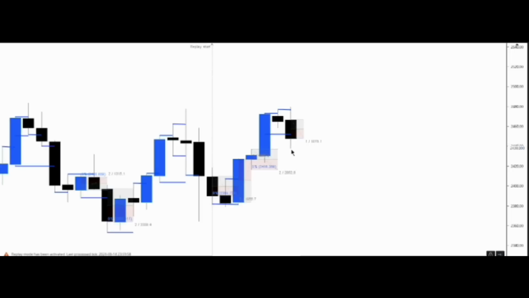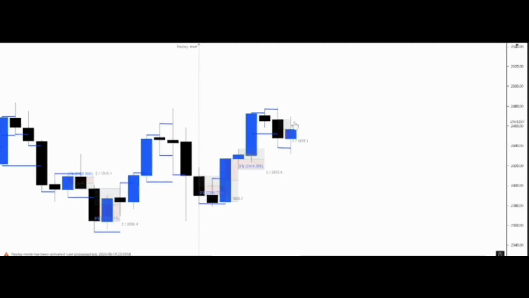Your target is going to be here, guys. Your target is going to be right there. So let's continue. As you can see, it met our target here, even though it didn't respect the 50%. But if you found any opportunity on the lower time frame to go short, you go short to this low.